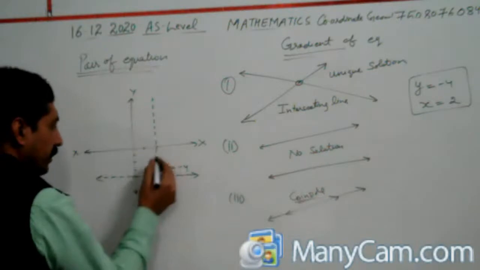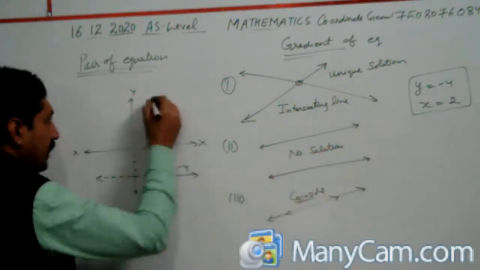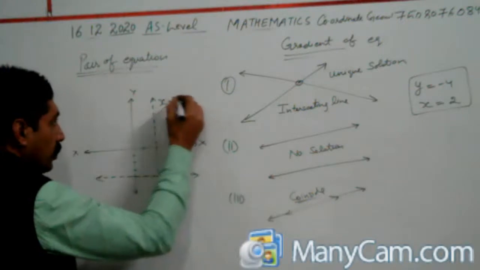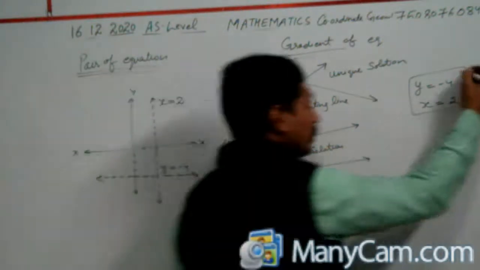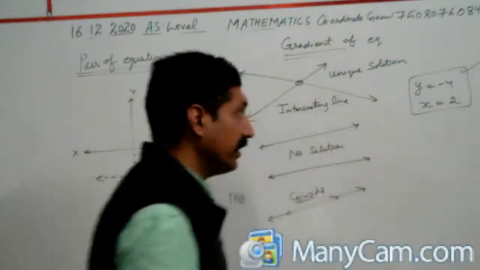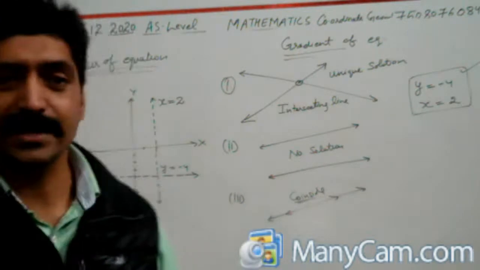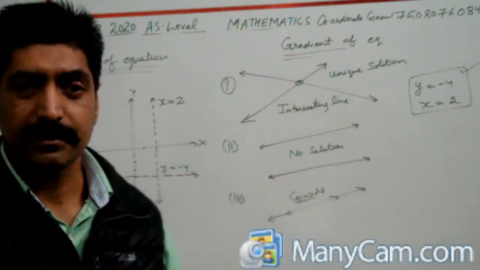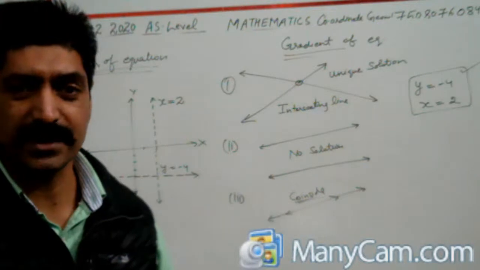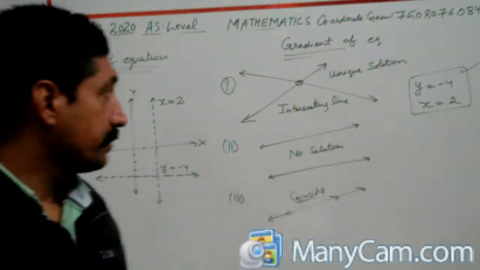So these two lines, x is equal to 2 and y is equal to minus 4. If we have to find their gradient, one line has zero gradient, which is always parallel to the x-axis, and one has infinite gradient, right?